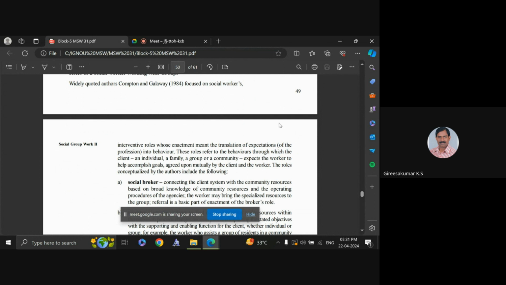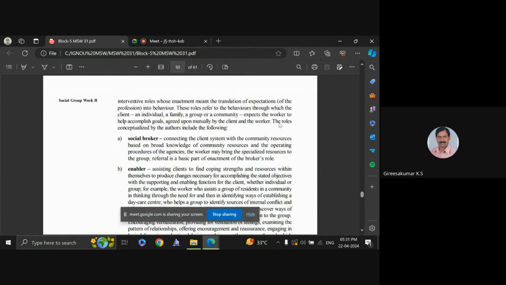Then the enabler role. The roles of the social worker are discussed here as a social broker and as an enabler. Enable means to help, that is, enabling them.